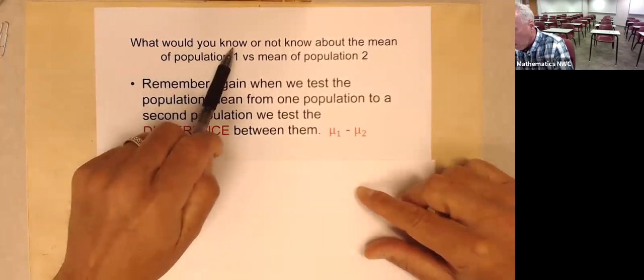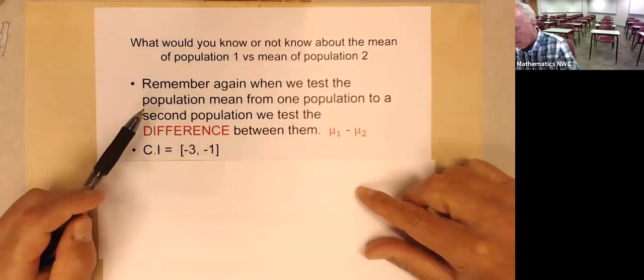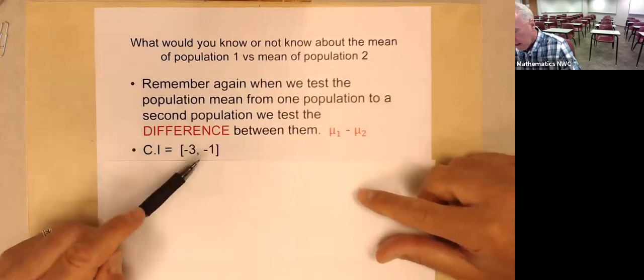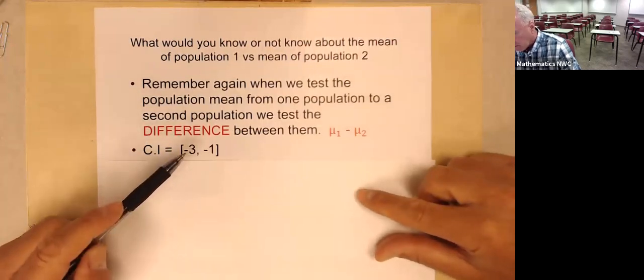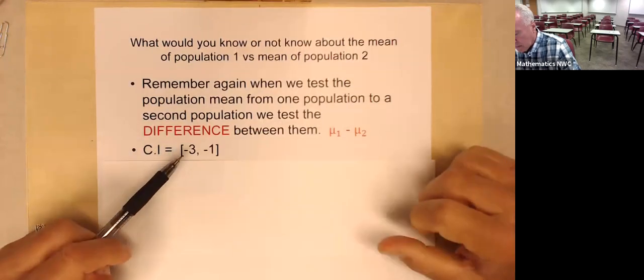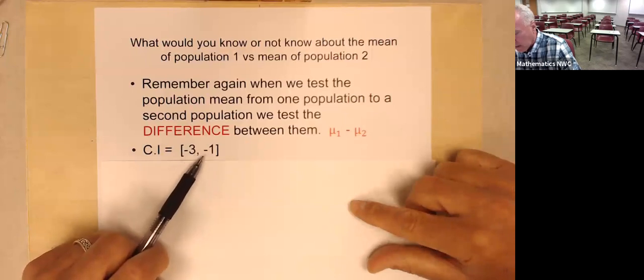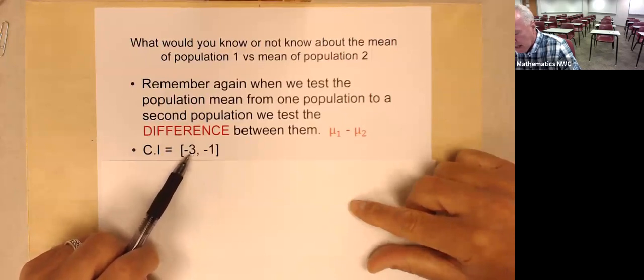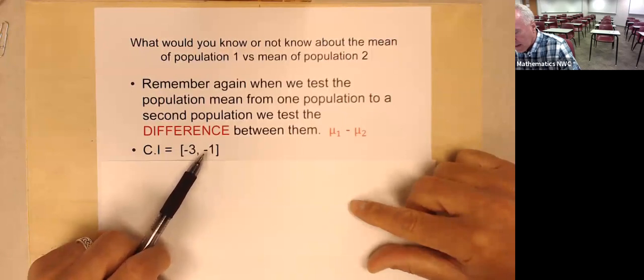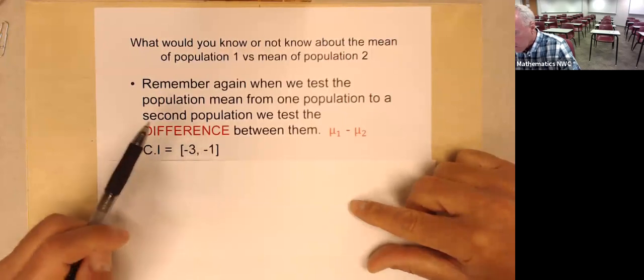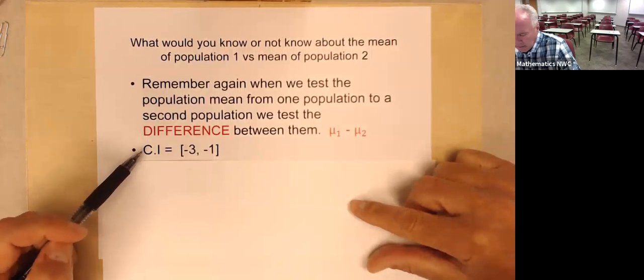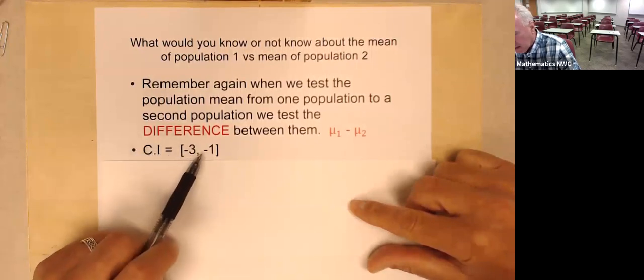What would I know or what would I not know about the populations if this is the confidence interval? The key that I need you to recognize is that this interval is entirely negative. Anything between a -3 and a -1 is a negative number. So whatever the confidence level is, if it's 95%, we would say we're 95% certain that the difference is between a -3 and a -1.